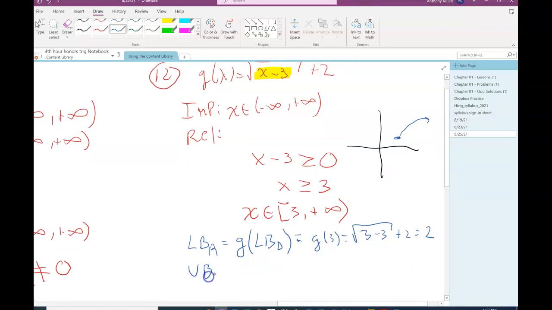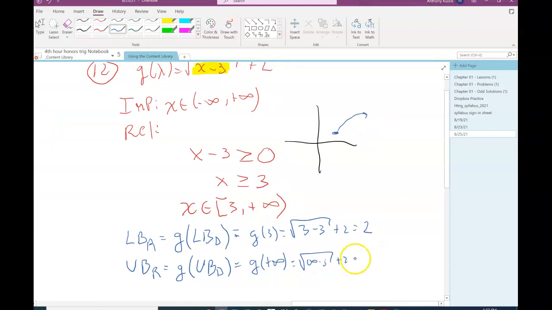And the upper bound for my range is just going to be g of the upper bound for my domain. So that's g of positive infinity. Positive infinity minus 3 is still positive infinity, and the square root of positive infinity is still positive infinity, plus 2, still positive infinity.